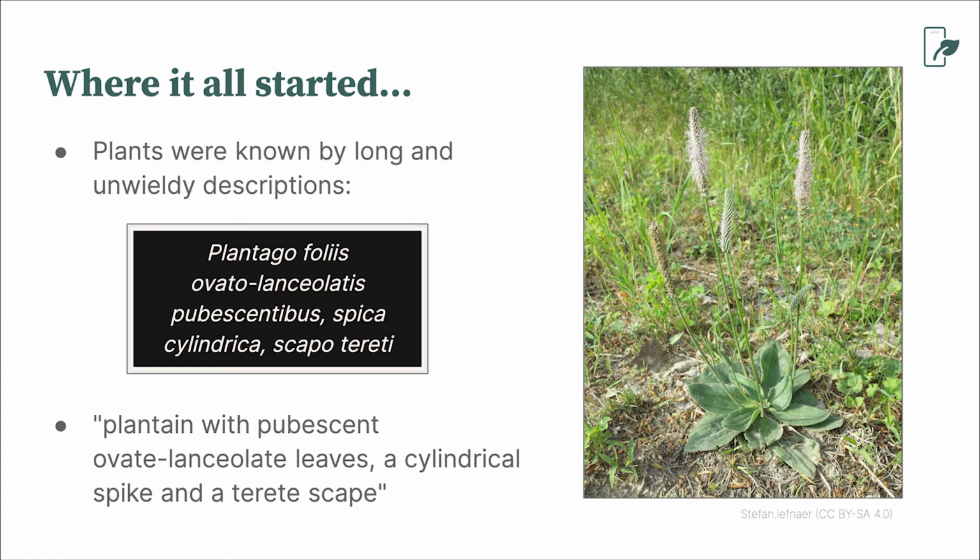That sounds like lorem ipsum to many of you, but in its literal translation, it means a plantain with pubescent, which means hairy, ovate lanceolate leaves, which is the shape of the leaves, a cylindrical spike, which is the flower head, and a teriti scape, which basically means when you cut a cross section through it, it's cylindrical. As you can imagine, this is not really practical, especially when you're referring to plants all the time, like we are.